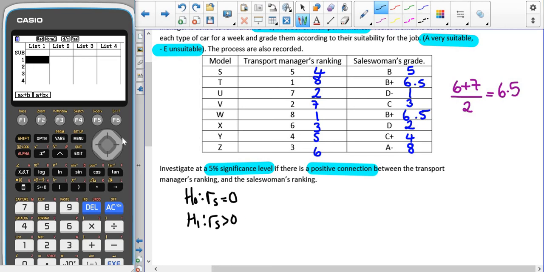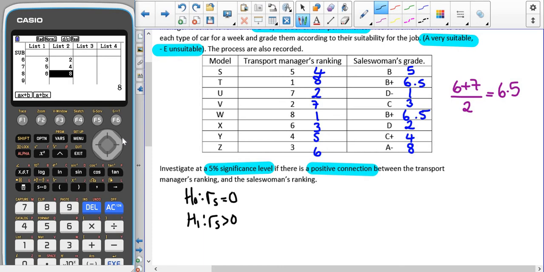Typing these values into my calculator, 4, 8, 2, 7, 1, 3, 5, 6, and then 5, 6.5, 1, 3, 6.5, 2, 4, 8.